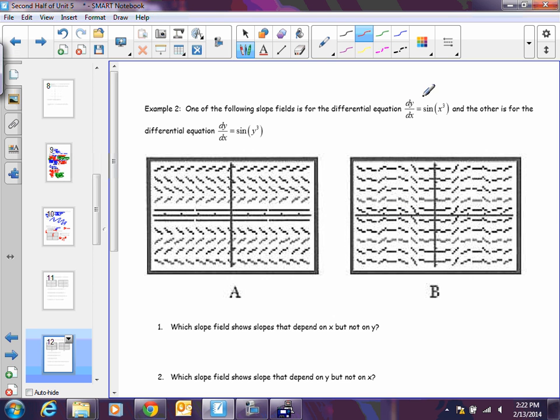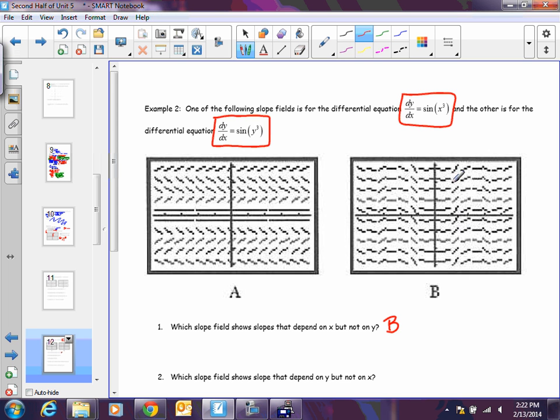All right, so if you look at these 2 equations, one of them depends only on x and one of them depends only on y. And if you know nothing else, you can look at these graphs and know which one depends on x. Number 1 says, which slope field shows slopes that depend on x but not on y? Which one, like, we'll say x equals 1, has the same slope everywhere x equals 1? B, right? Right here, it's the same. Everywhere x is 1, the slope is 1.